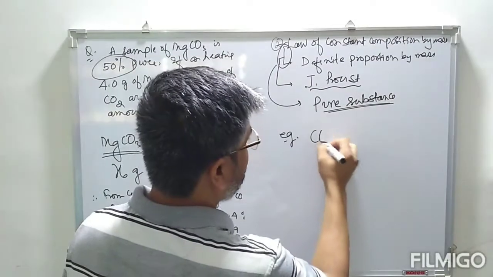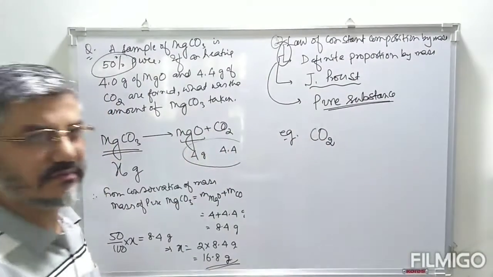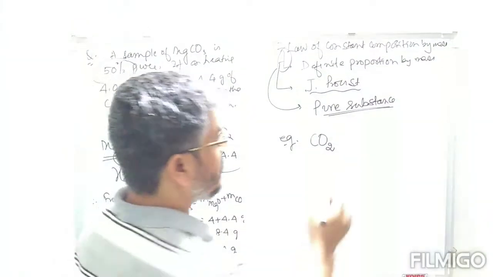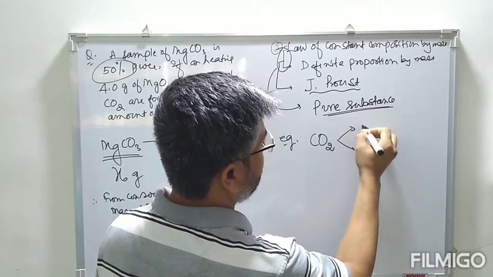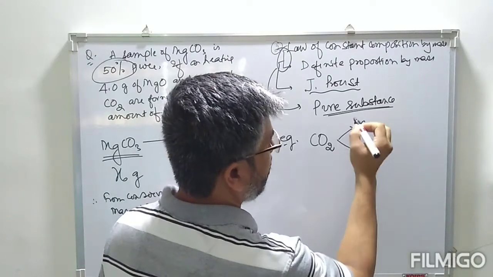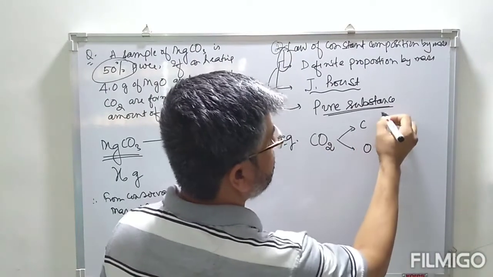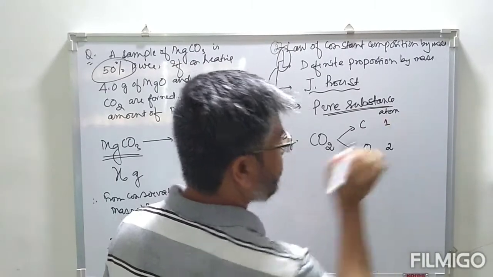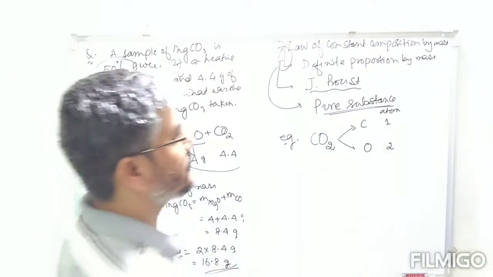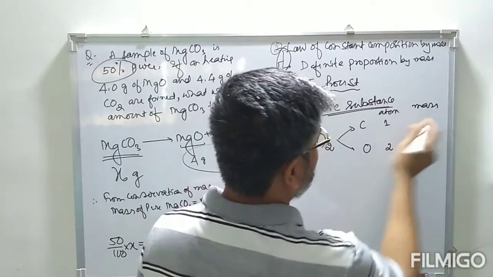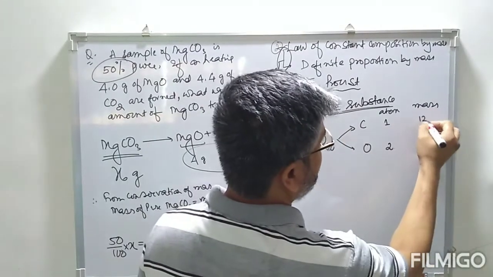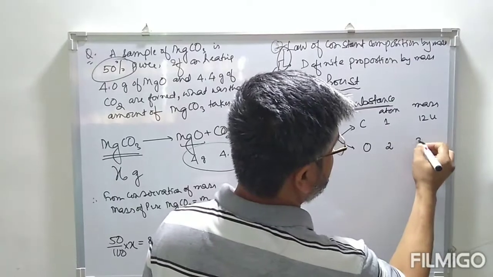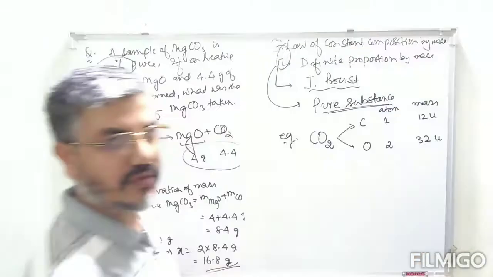Suppose we take a pure sample of carbon dioxide. In this pure sample of carbon dioxide we have carbon and oxygen. So we have 1 atom of carbon and 2 atoms of oxygen. The mass of 1 atom of carbon is 12 u. The mass of 2 atoms of oxygen is 32 u.